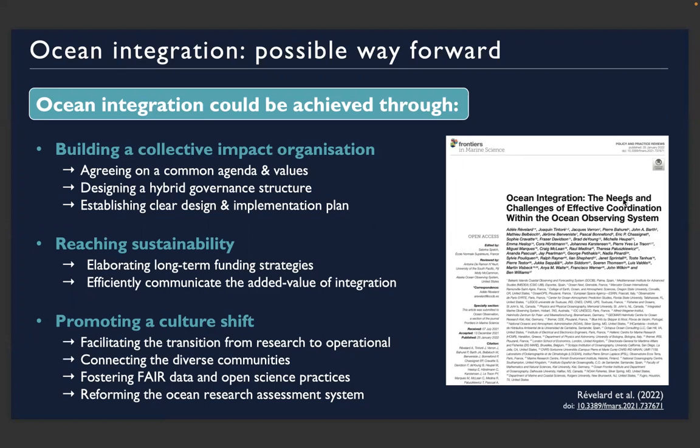And we could design a hybrid governance structure, encompassing both top-down planning and bottom-up community-based management, and establishing a clear design and implementation plan. The second thing is that we should be able to reach sustainability. We need to find funding in order to have a long-term vision. That means that we need to elaborate long-term funding strategies, and we need to efficiently communicate the added value of integration, the fact that it is very important to have coordinated organizations.